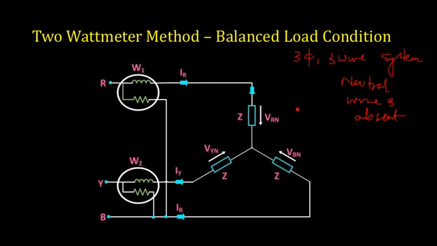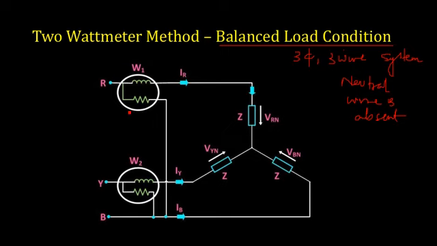So in such a case, even if your load is balanced or unbalanced, you can have the power measured with the help of 2 wattmeters. Now here we are considering a balanced load condition. If you have all the loads equal, then it is a balanced condition. So for deriving or expressing the power that is consumed, we are making use of the balanced condition.